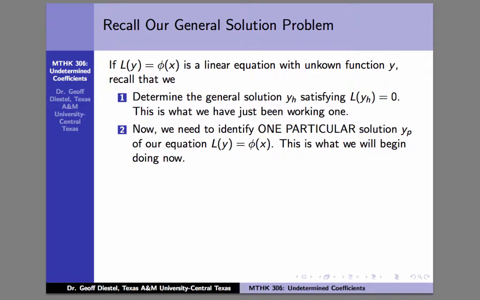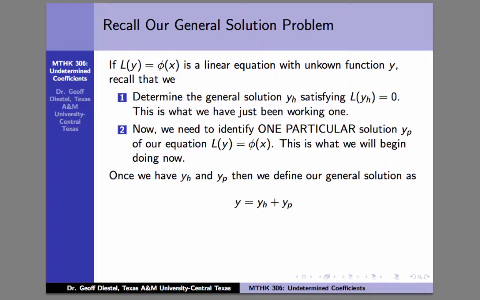Now we're going to decide how we find the other part of our solution, the particular solution to our original equation. This is just one specific function, y sub p, that will solve our equation, but it may not satisfy the initial conditions, so we add y sub h to it. That creates a function which not only solves our equation L of y equals phi of x, but also has unknown constants which we can determine using our initial conditions.